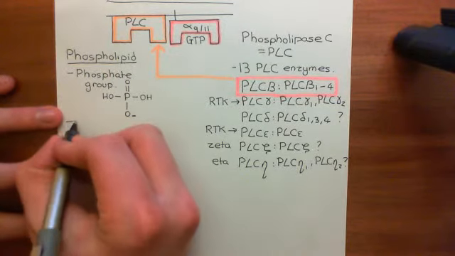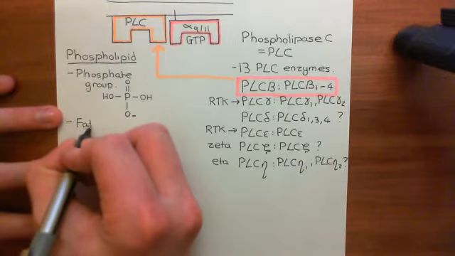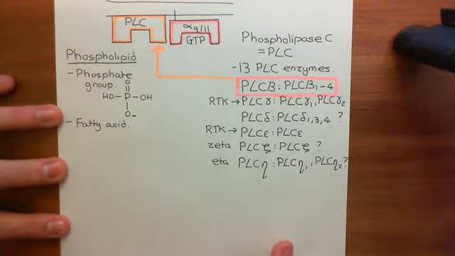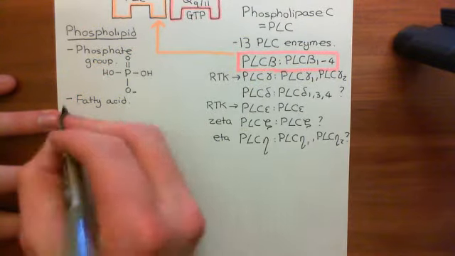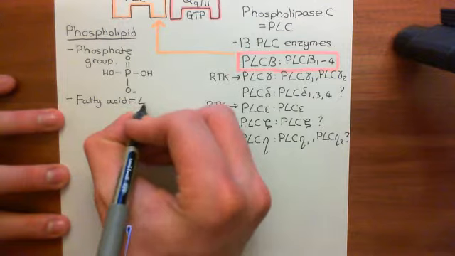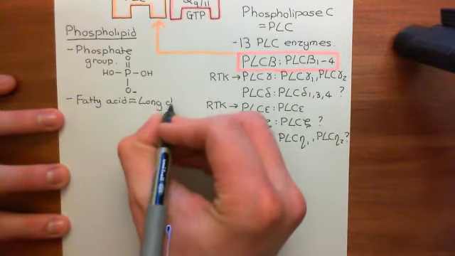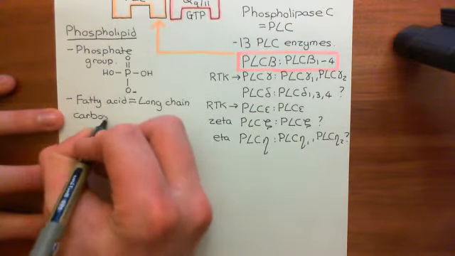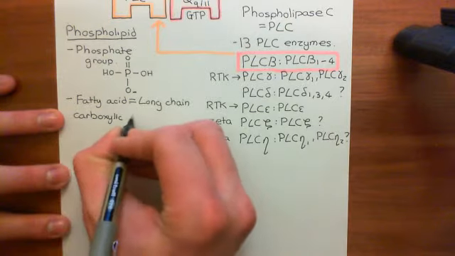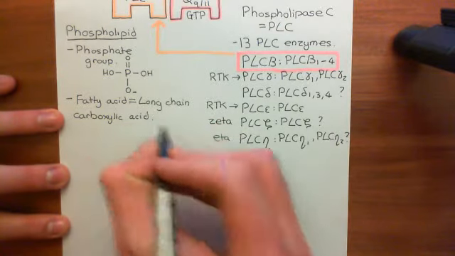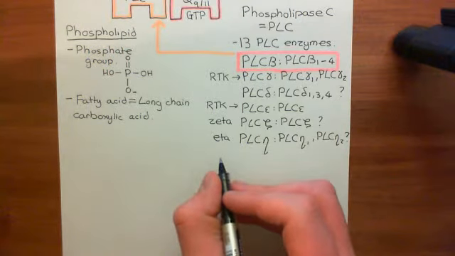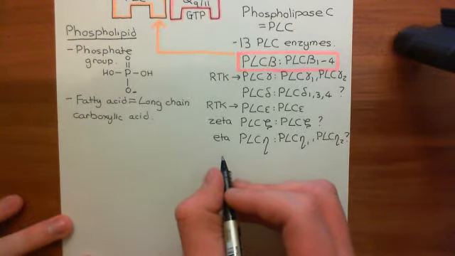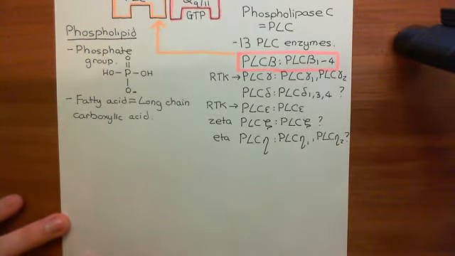The other requirement is that you need to have at least one fatty acid within your structure. So what's a fatty acid? Basically, a fatty acid is just the old biochemist's name for what would now be called a long-chain carboxylic acid. We've already seen two examples of long-chain carboxylic acids, which would be called fatty acids: myristic acid, the 14-carbon fully saturated carboxylic acid, and palmitic acid, the 16-carbon fully saturated carboxylic acid.